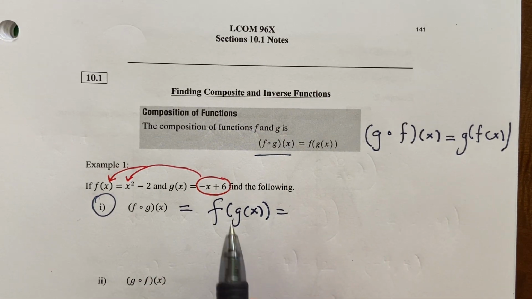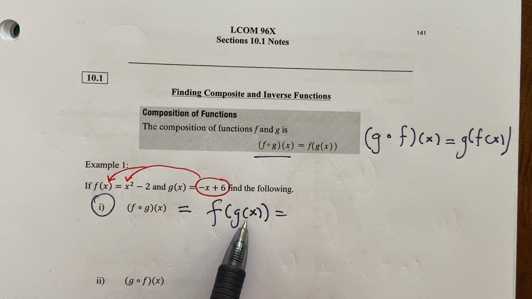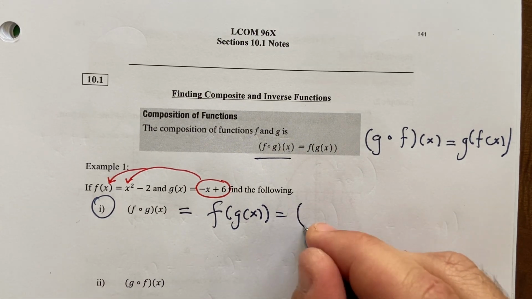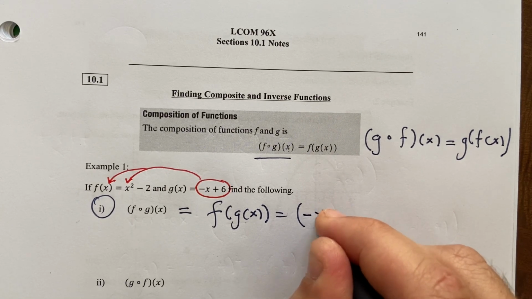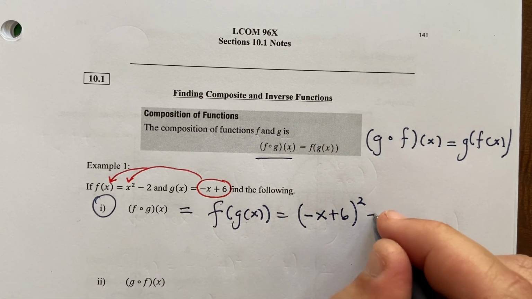Okay, so replacing any occurrence of x with g. So instead of just x squared, I have negative x plus 6 squared, and then I still need to subtract 2.